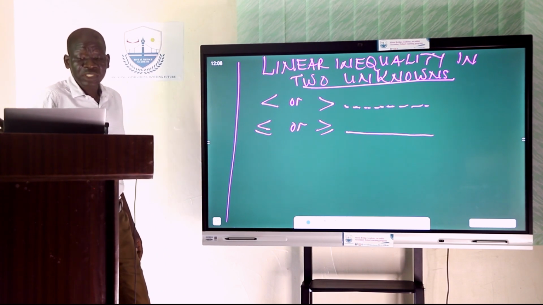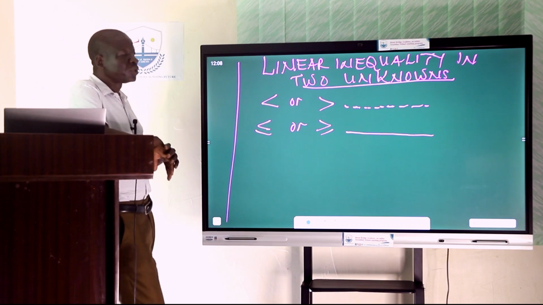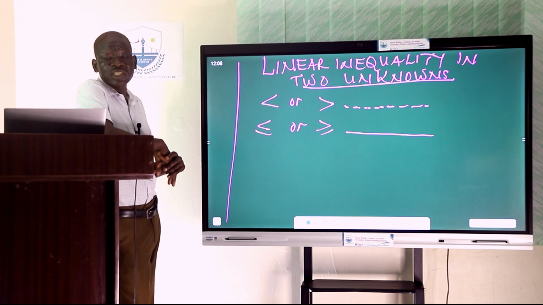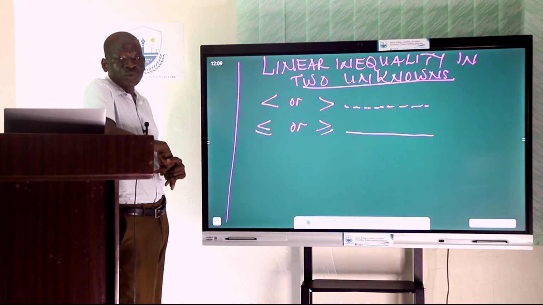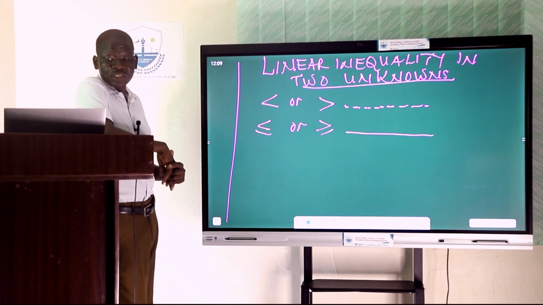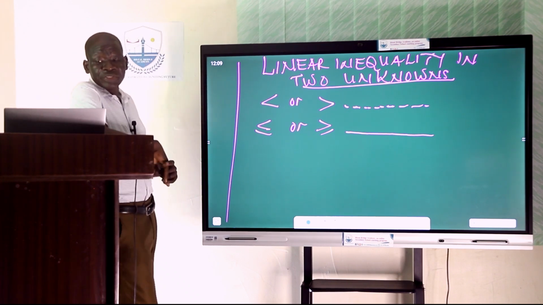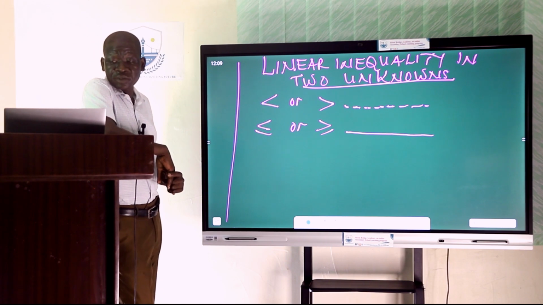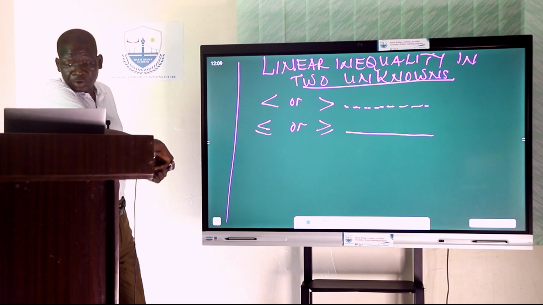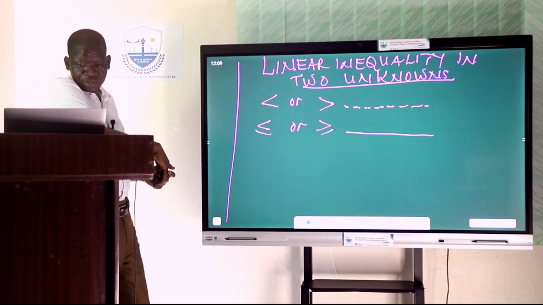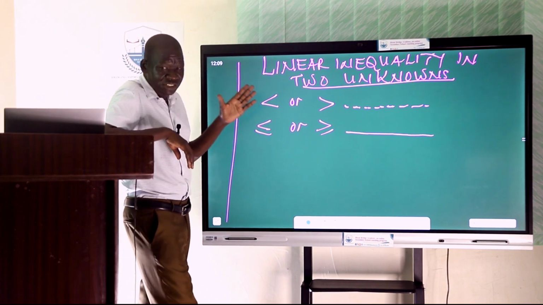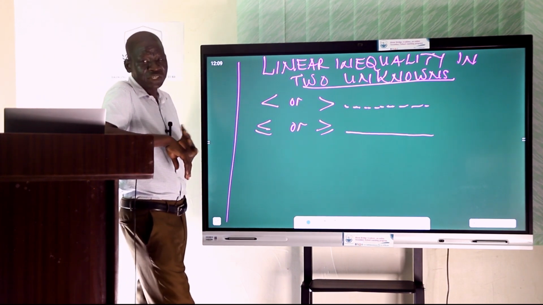So there are some steps which are involved in drawing the inequality graphs. The first step is we form the equation for the boundary line by replacing the inequality sign with an equal sign.